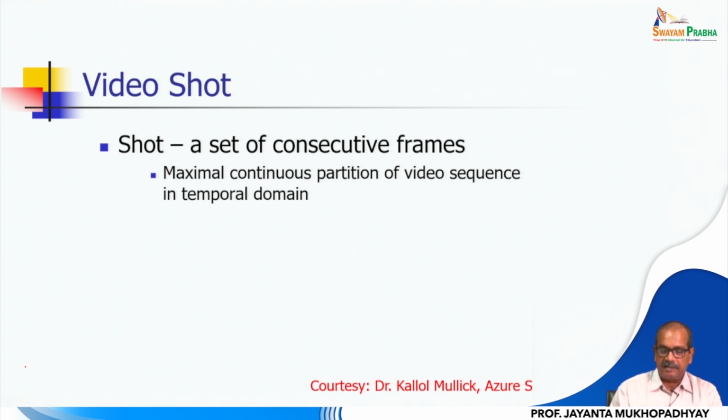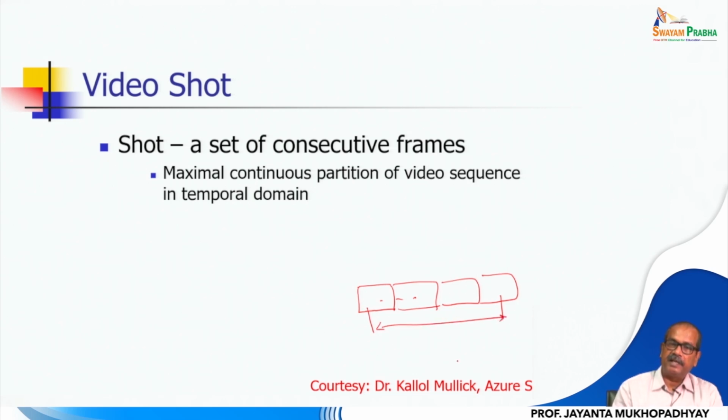Which means that if I have the sequence of frames, and let me show it like a movie film structurally, maybe a shot is one such segment where you have taken those images from the same imaging parameters or imaging configuration of a camera.